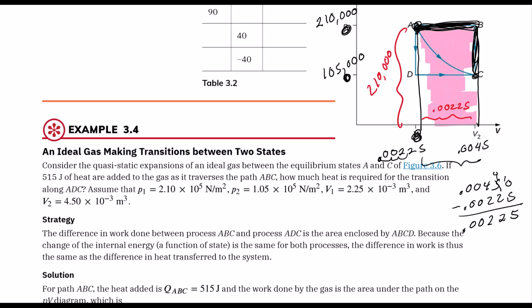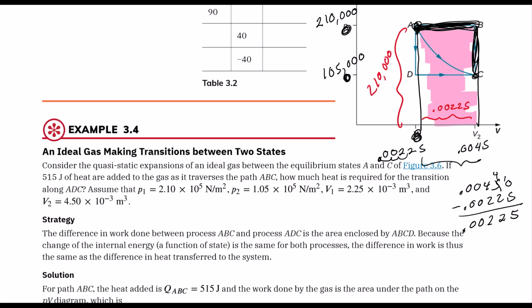Let's do that on my phone right quick, except my phone is almost dead. I gotta do my Duolingo. 210, and then 0.00225 times... apparently I did the math wrong. 0.0045, 0.00225.